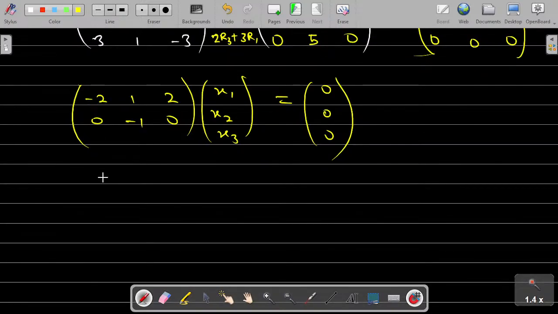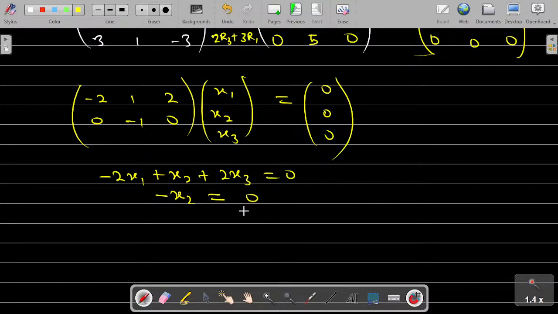So this multiplying here will give me minus 2x1 plus x2 plus 2x3 is equal to 0. That's equation 1. And equation 2 is going to be 0 times this is 0, this times this is minus x2, and then plus this is also 0. So this is going to be equal to 0.